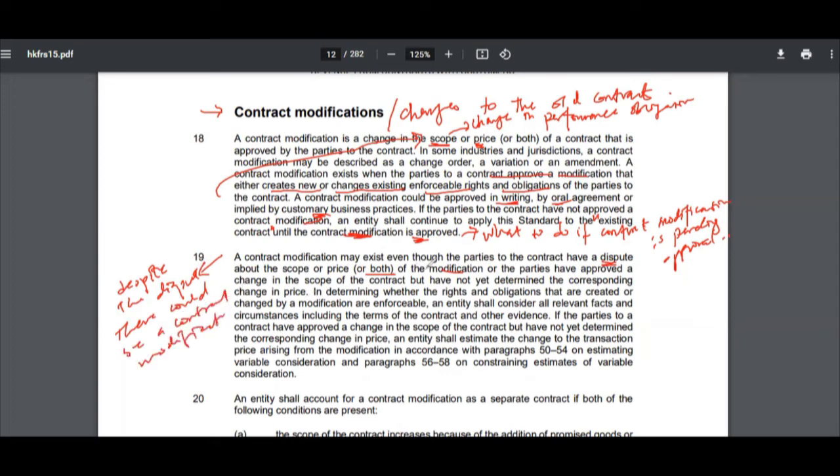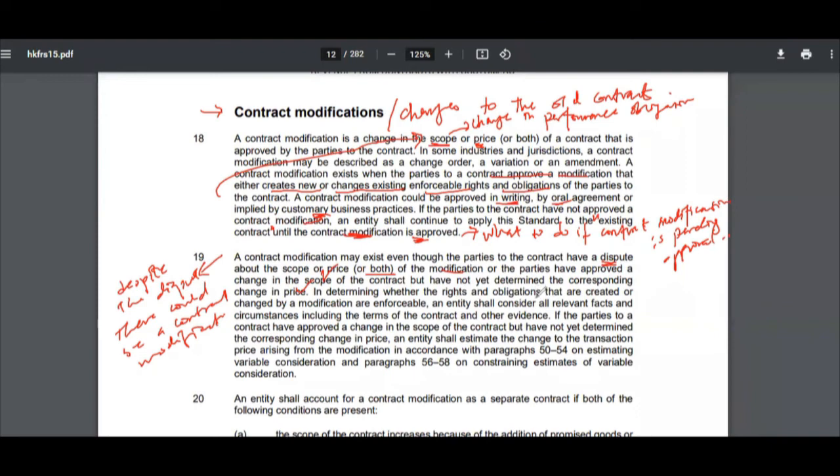Even if there is a dispute, you can still have a contract modification that the parties have approved. Let's say one aspect is approved and another is not. The parties have approved the change in scope, but there is a dispute about the change in price. What do you do in such a case, right?